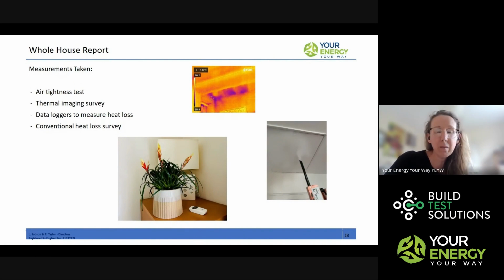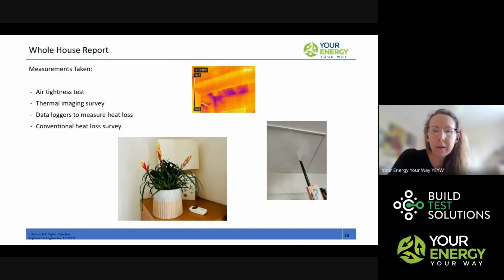Most of the time, they're really simple to fix, things that they can sort out, often themselves with some DIY or by getting in somebody to fix the air tightness issues. So I find it a really good exercise to take out with customers, but it also, of course, gives us useful data towards the heat loss of the building.